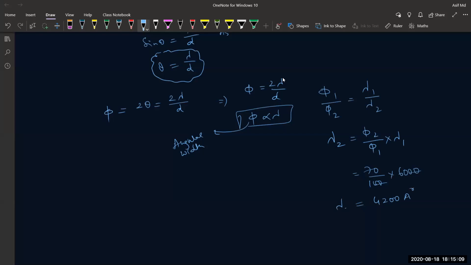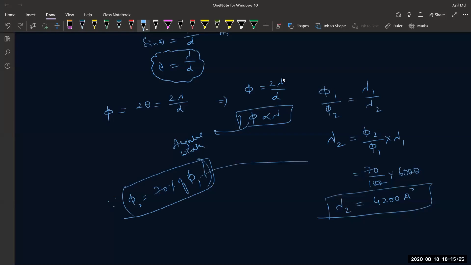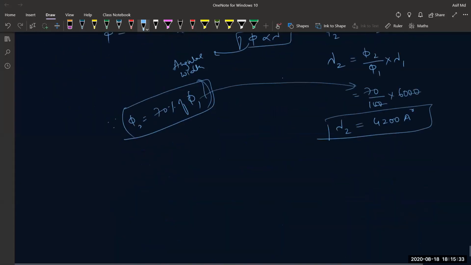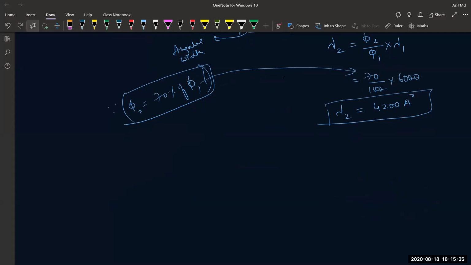This is your lambda. Very easy, isn't it? I hope this statement is clear for everyone: a 30% decrease means the remaining is 70%.